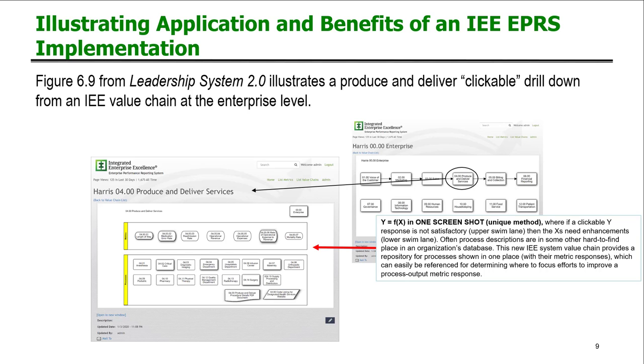Often process descriptions are in some other hard-to-find place in an organization's database. This new IEE value chain provides a repository for processes shown in one place with their metric responses, which can easily be referenced for determining where to focus efforts to improve a process output metric response.